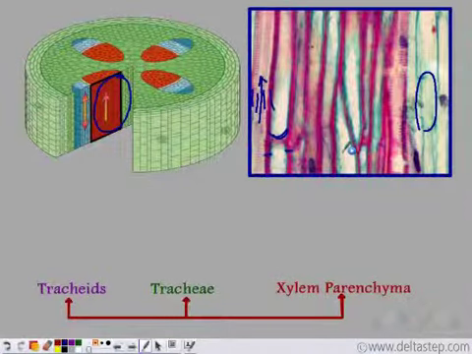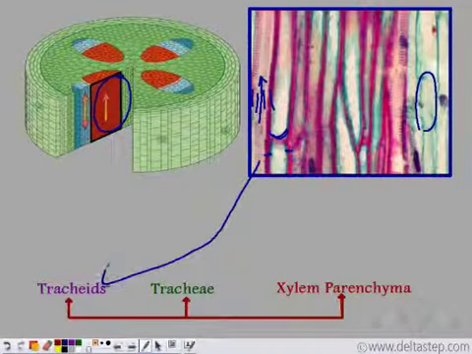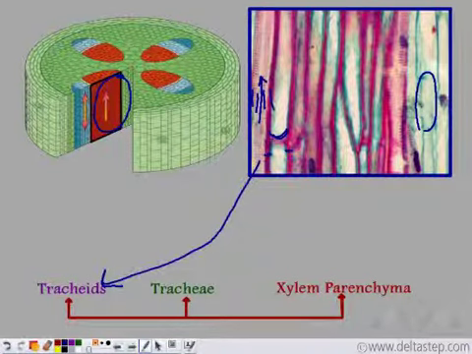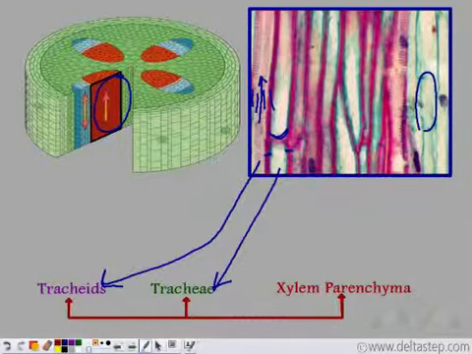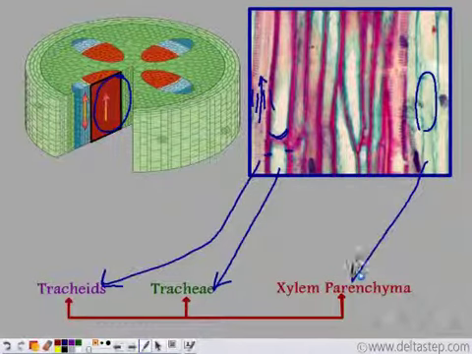So this cell that had very thickened cell walls is known as tracheids. The next cell, which had relatively thick cell walls but a broader passage, is known as the trachea. And this cell, which has thin cell walls, is known as xylem parenchyma.